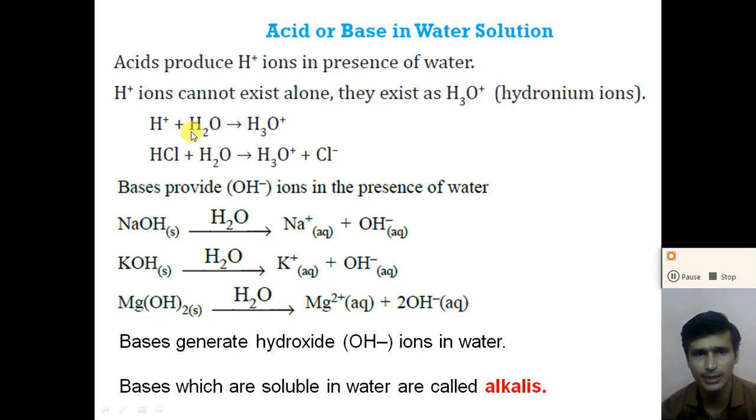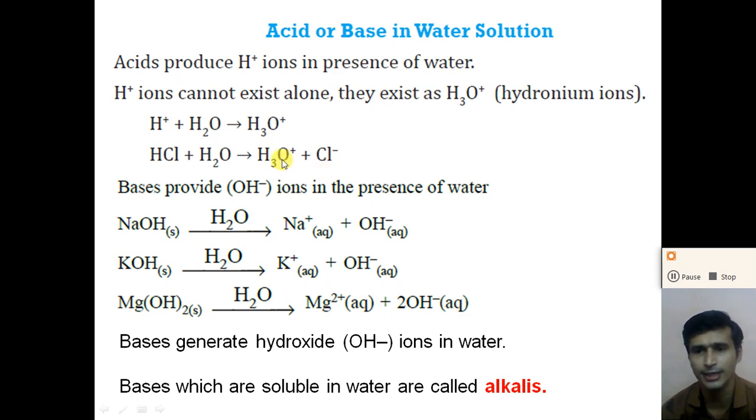So H plus ion plus the water molecule H2O gives H3O plus. So when water is added to hydrochloric acid, HCl plus H2O, it produces the H3O plus ion and Cl minus ion. So the positive ion is H3O plus.